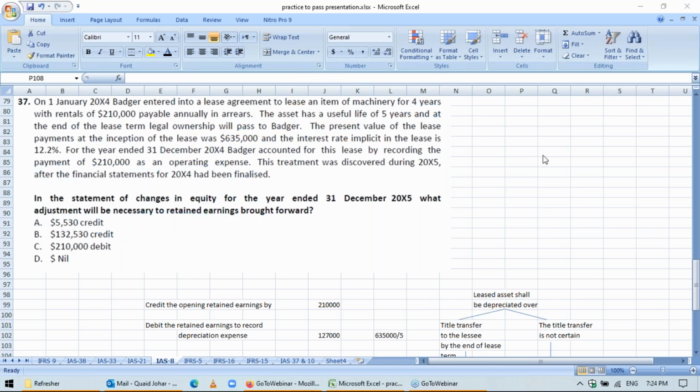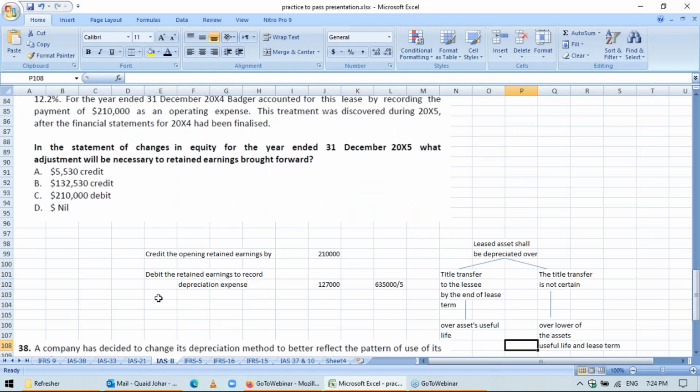So what happens is that depreciation is recognized. This will be a debit to the retained earnings because due to the recognition of depreciation in the previous year, the expense will increase and the profits will go down. And then financial charges. So IFRS 16 requires that you record an asset and a liability when you enter into a long-term lease agreement.